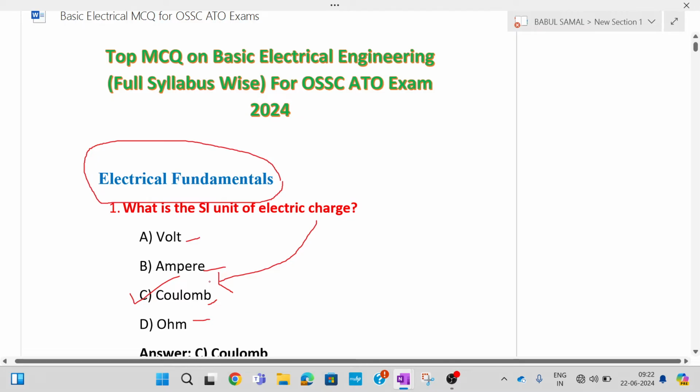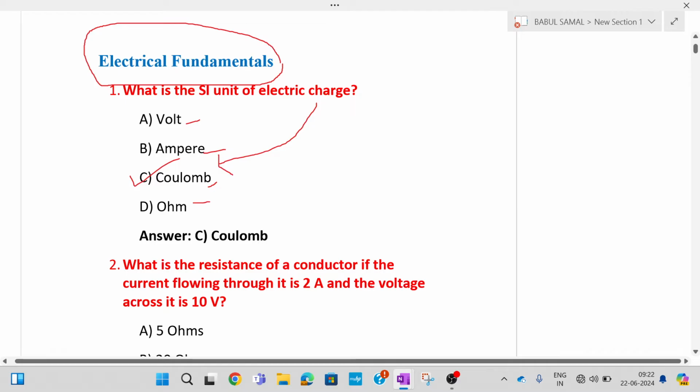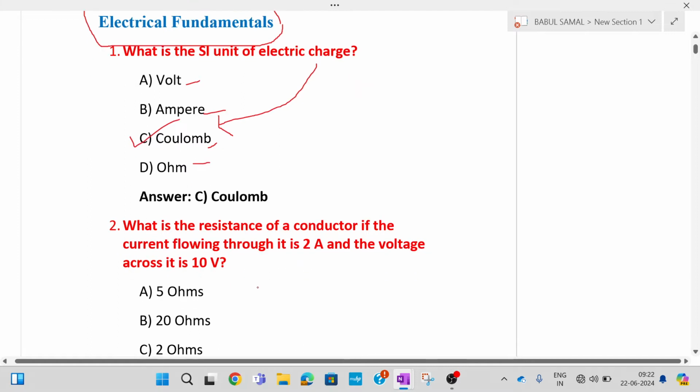So let's come to the second question. What is the resistance of a conductor if the current flowing through it is 2 ampere and the voltage across it is 10 volt? So we know V is equal to IR.